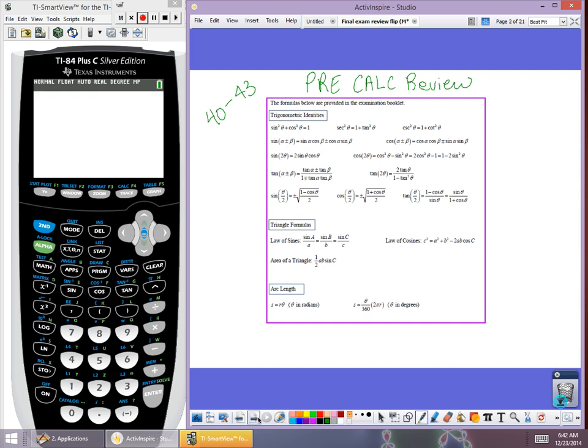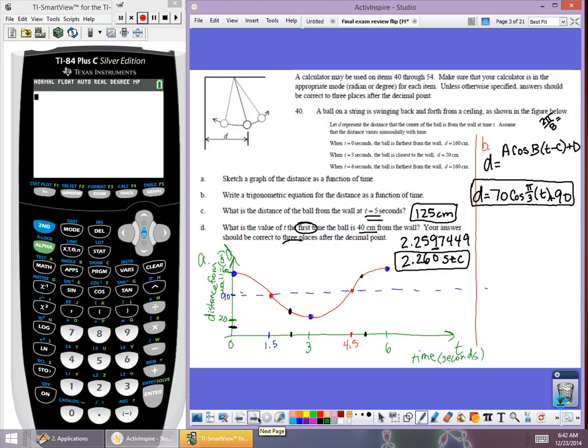Okay, so problem number 40. First it says A, sketch the graph. So I have a sketch of the graph. My axes are labeled, time in seconds and distance from the wall. Here I have 3, my low is at 3, my midlines are at 1.5 and 4.5.